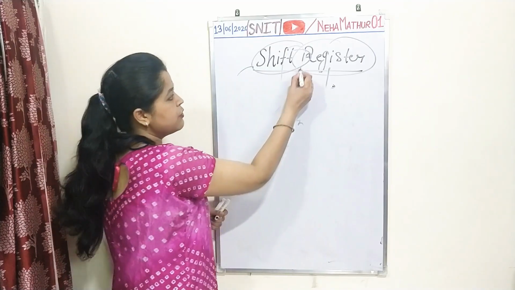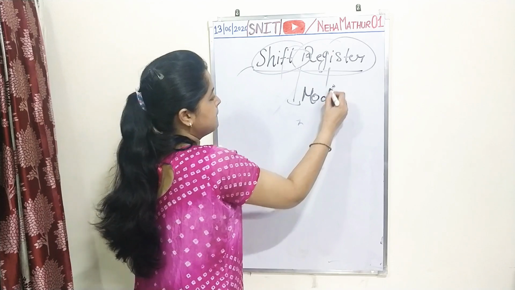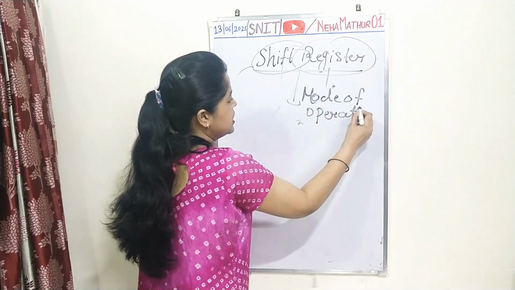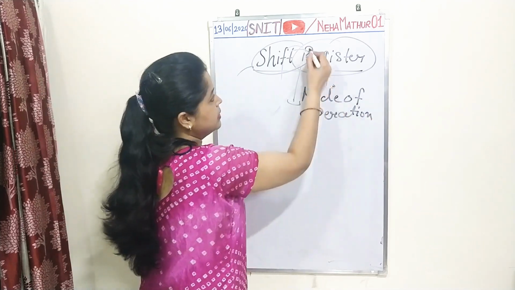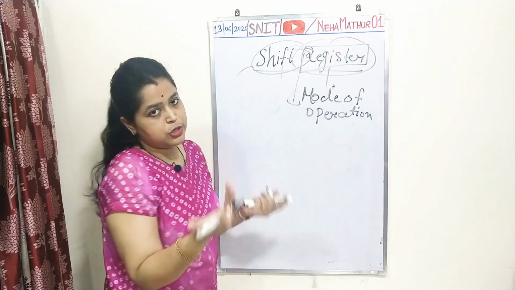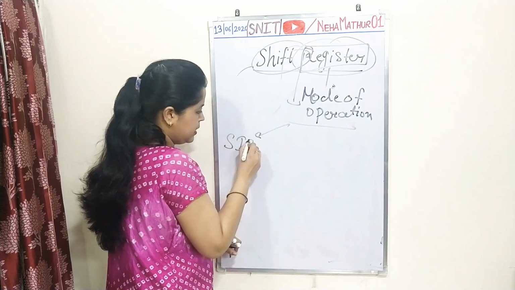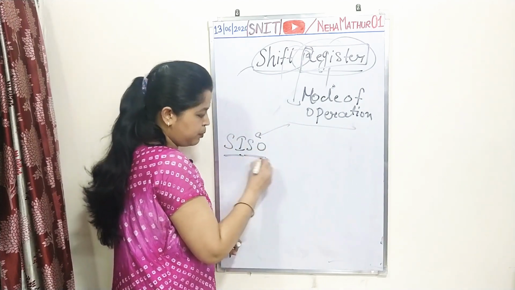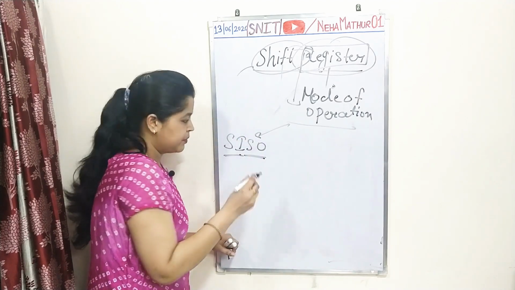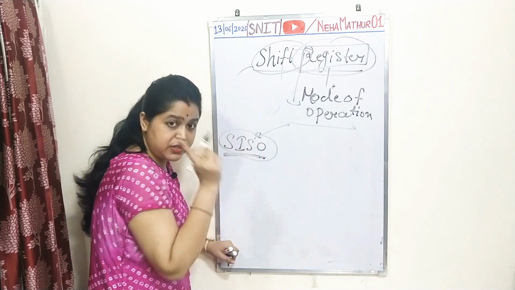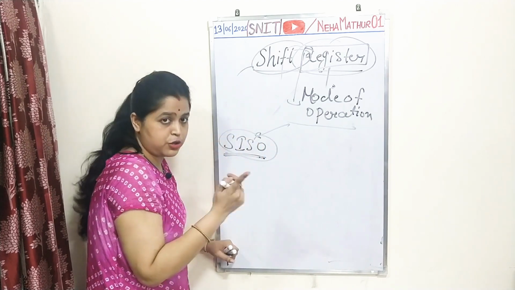Its modes of operation follow the modes of register, because it is also a type of register. Here we deal with SISO, serial input serial output. With the storage of the data, this mode itself specifies that your data is shifted also.